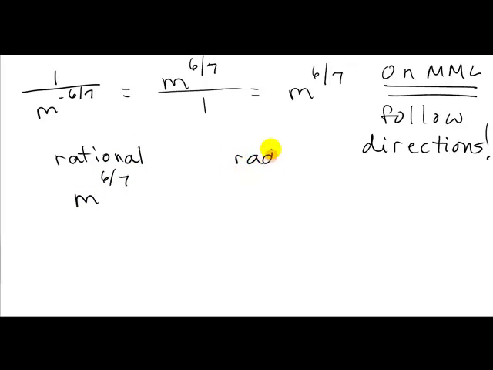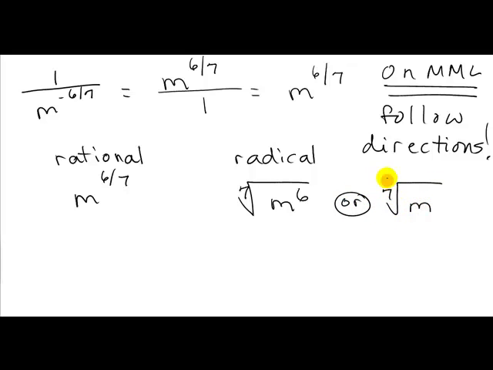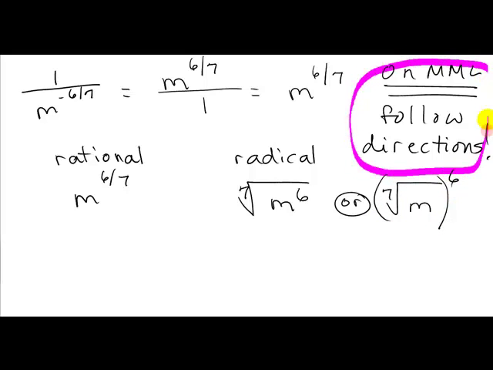This would be radical, where you would take the 7th root of m. And in this case, since we can't simplify it, we could put the 6 here, or we could do the 7th root of m and enclose it all in parentheses with a 6. But I want you to be sure that you're paying attention to this. That's going to make a big difference in your answers. Not all of them are you going to simplify into the radical form. They may ask you to leave it in rational form.